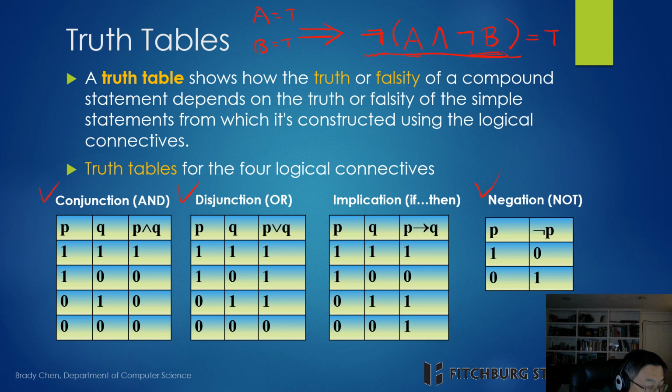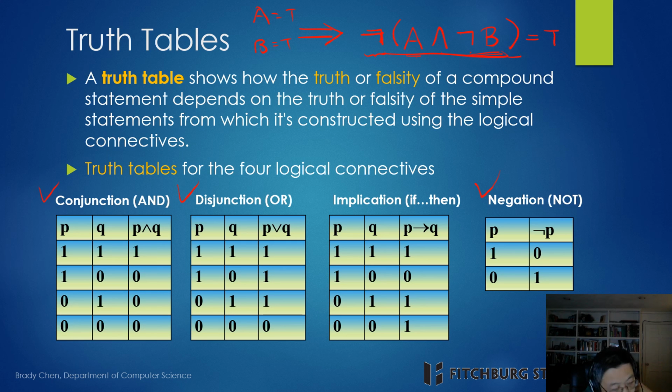Conjunction basically means "and". In the English language, "and" means, by definition: if P is true, now we use 1 to represent true, and Q, 0 to represent false.